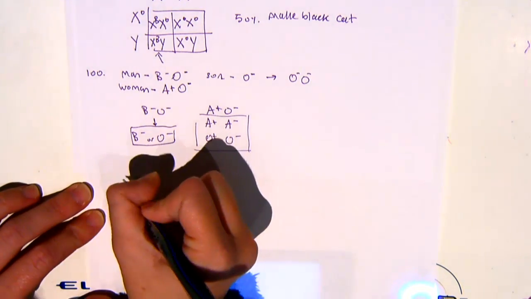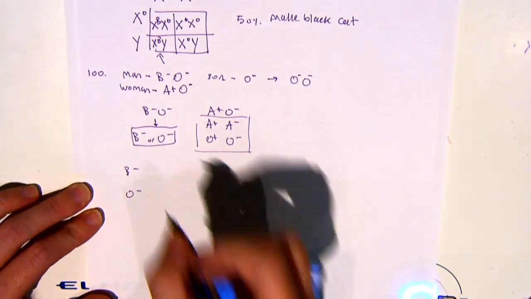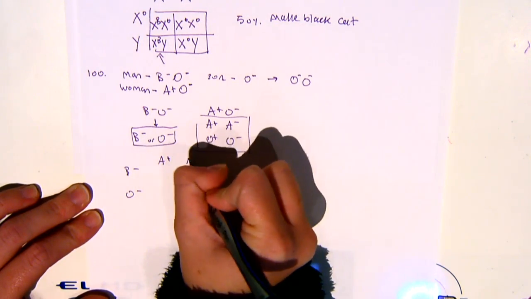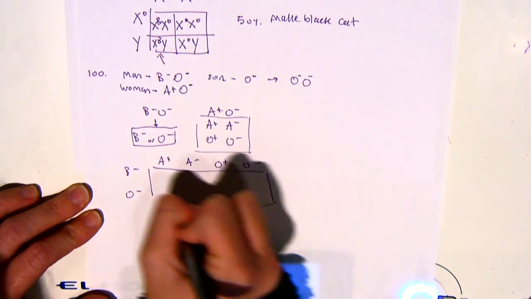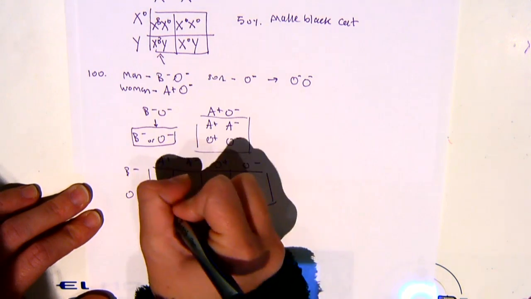So we have B minus, O minus. And now we can do our cross.